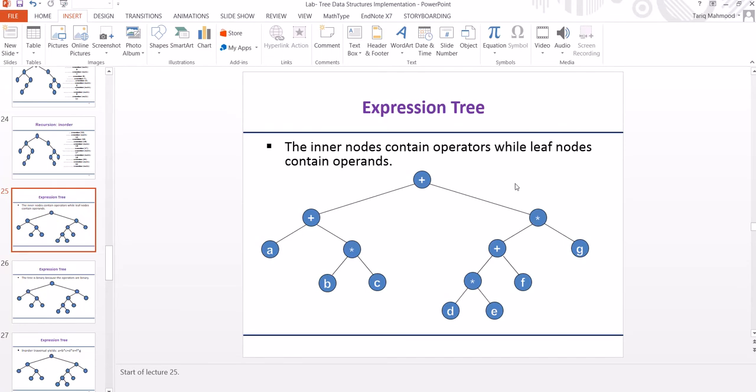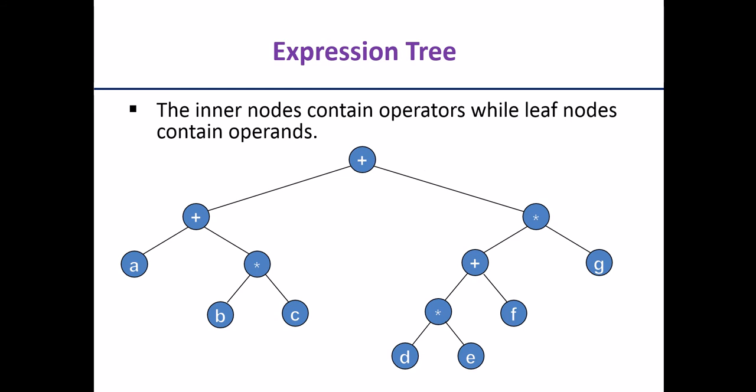Welcome again, and today we will learn about a special type of binary tree named an expression tree. You can see all non-leaf nodes are operators and leaf nodes are operands.